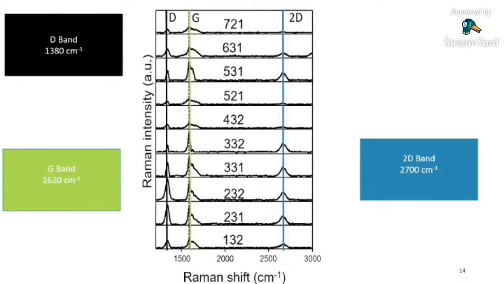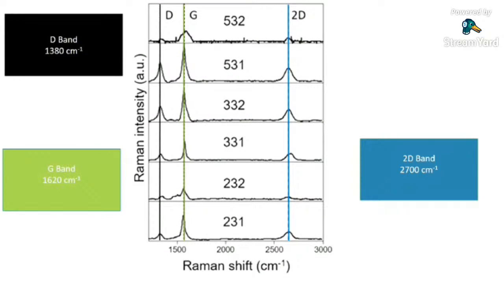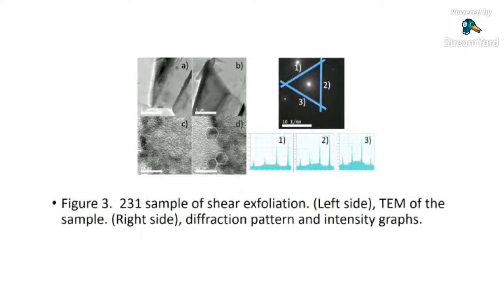The same behavior was shown in shear exfoliation, also with 531 and 231. So both detergents had the best performance in both devices. Those samples were analyzed using transmission electron microscopy.